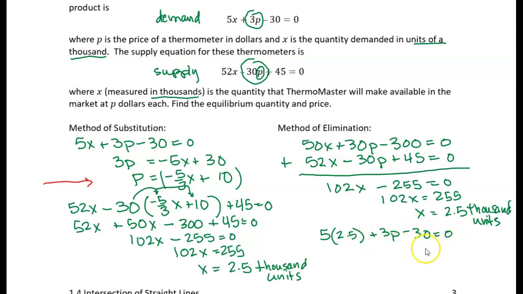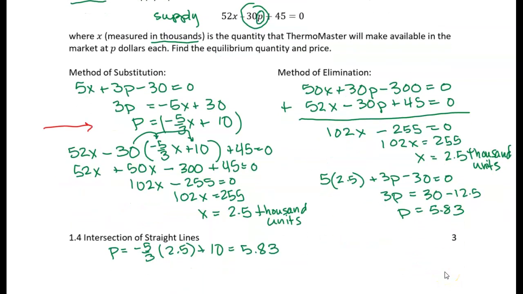And I'm just going to solve for p. So let's see. If I add 30 to both sides, I get 3p is equal to 30, and then minus 2.5 times 5 is 12.5, so minus 12.5. Okay, and then I can take those two quantities and subtract them and divide by 3, and I end up with 5.83, same as I got before.